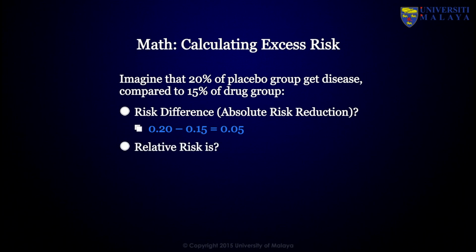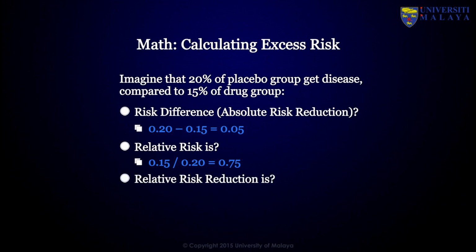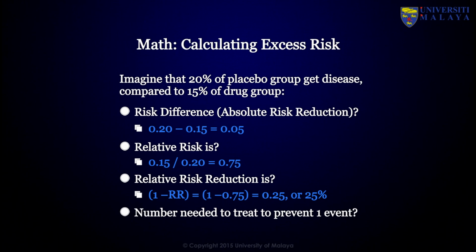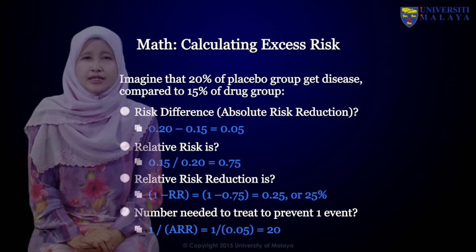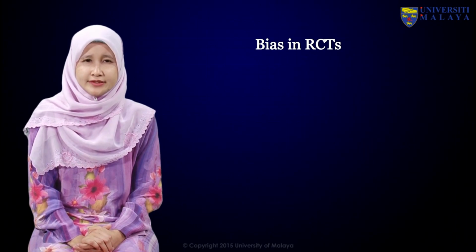Relative risk is 0.15 over 0.2, or 0.75. Relative risk reduction is 1 minus RR, or in this case 1 minus 0.75, or 0.25. Number needed to treat to prevent one event is 1 over ARR, or in this case 1 over 0.05, equal to 20.